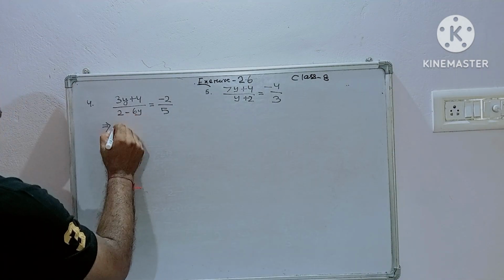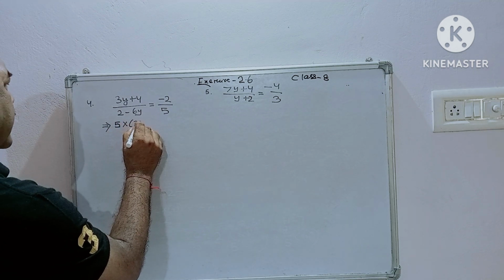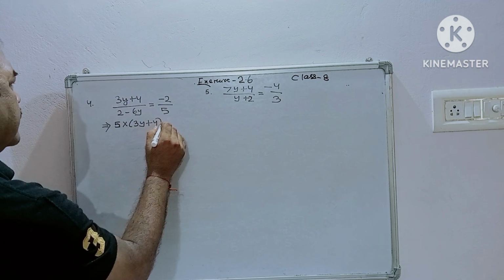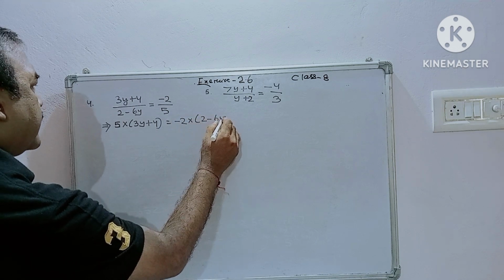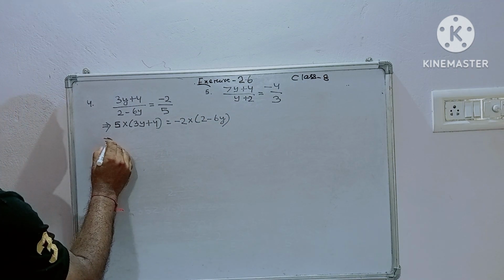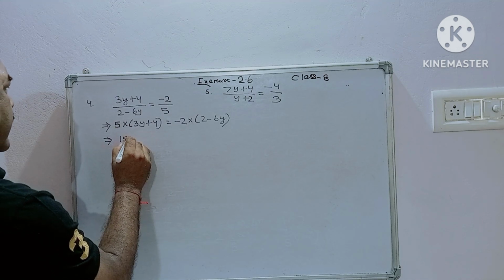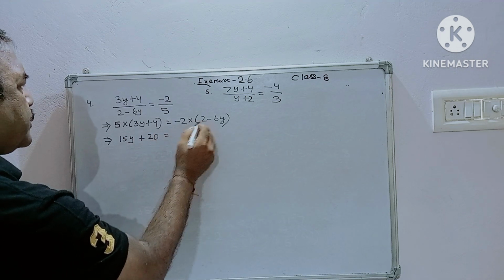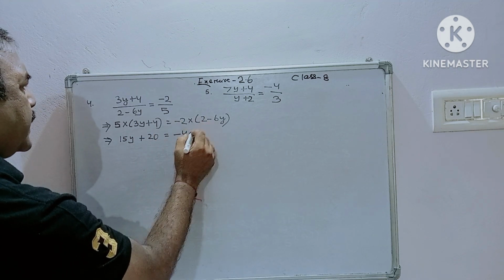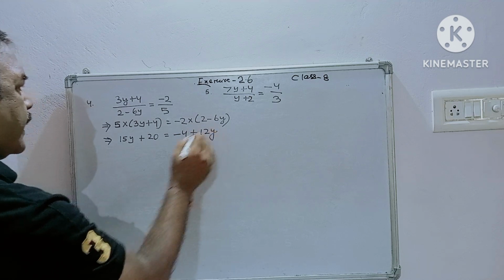So 5 whole into (3y plus 4) is equal to minus 2 whole into (2 minus 6y). You just simplify it, release the bracket. 5 into 3y is 15y, plus 5 into 4 is 20, equals minus 2 into 2, that is minus 4, minus and minus plus, 2 into 6y, that is 12y.